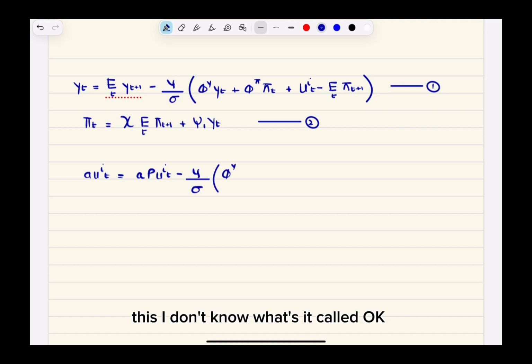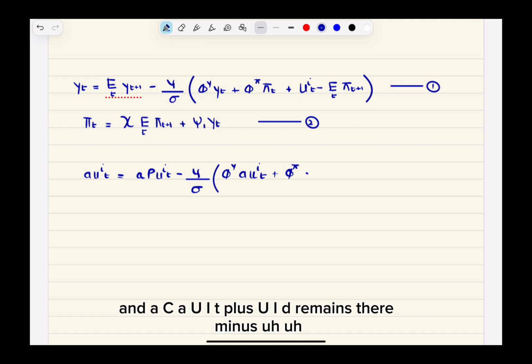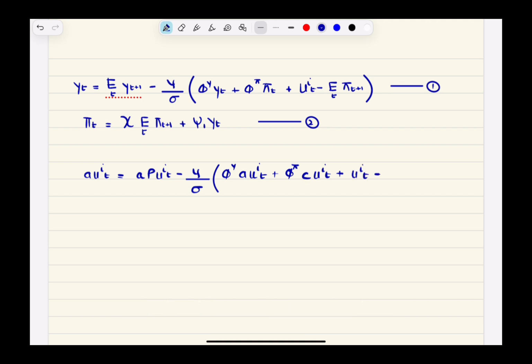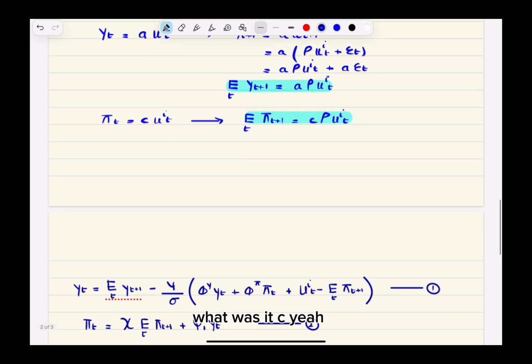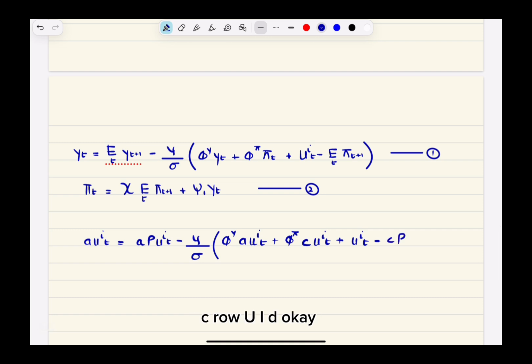Okay, y_t was a u_t plus the coefficient of inflation and c u_t, plus u_t remains there, minus, there's an expectation sign here, so what was it? C, yeah, c rho u_t.